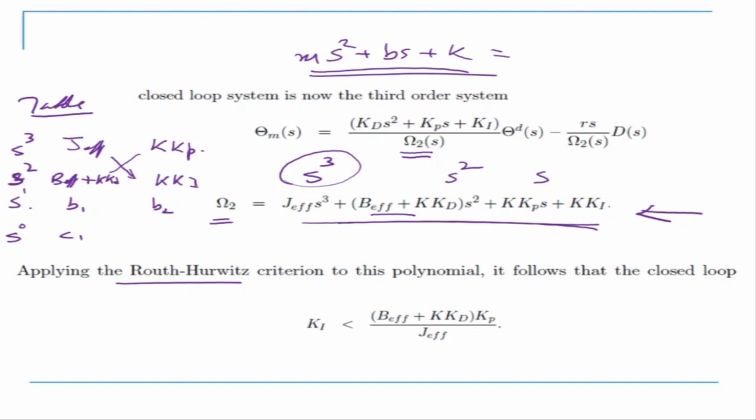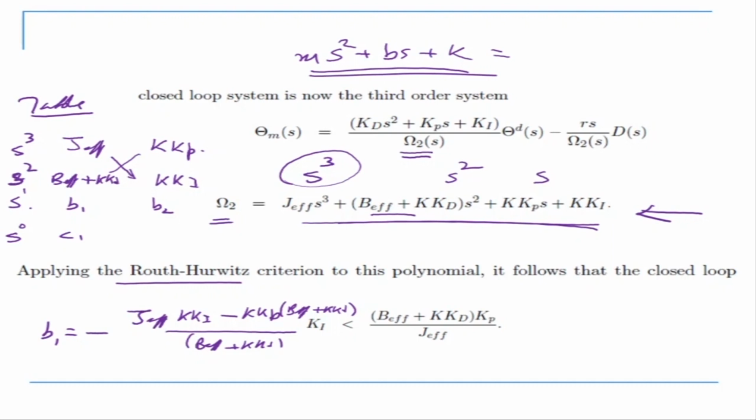So b1 will become equal to minus of J effective into b2, into Ki minus of K Kp into B effective plus K Kd, divided by the first term. This is what we get for b1.